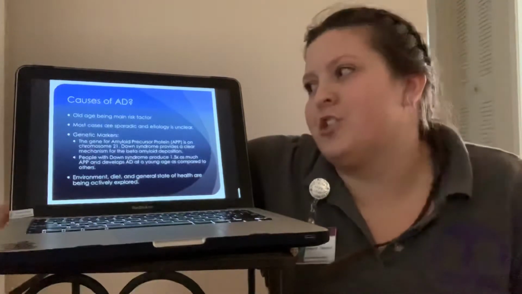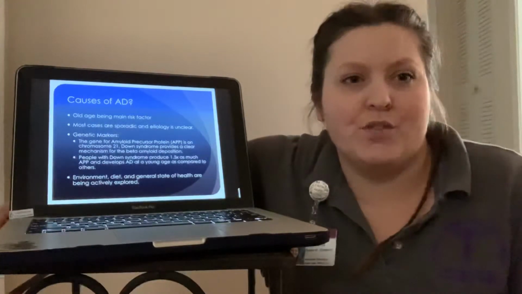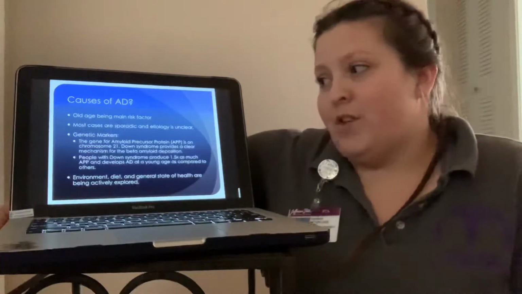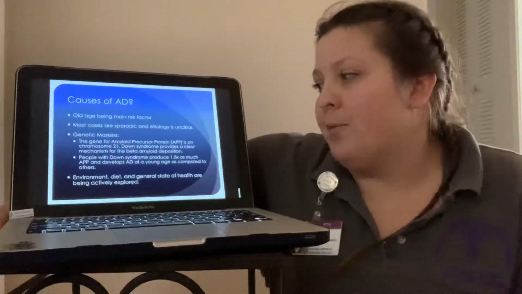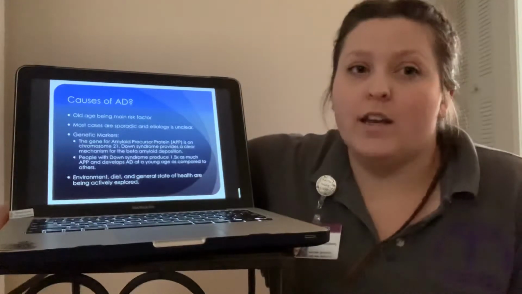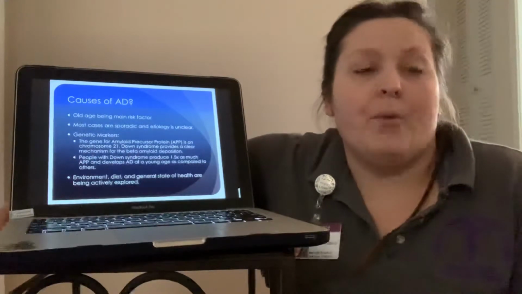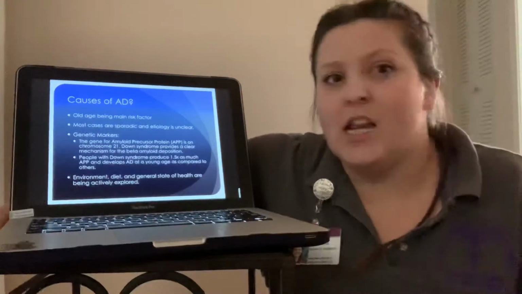Some research has been trying to prove if there are any genetic markers for this disease, and they found that a specific gene called the amyloid precursor protein, or the APP gene, is found on chromosome 21, and we all know chromosome 21 is involved in Down syndrome, which is diagnosed when you have a mutation on that gene.